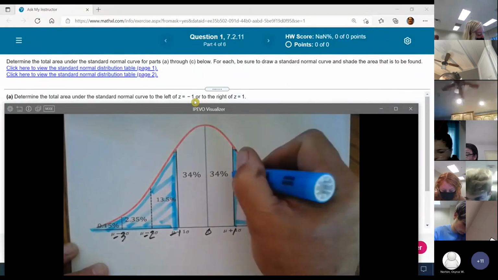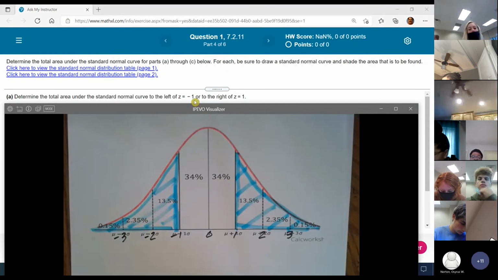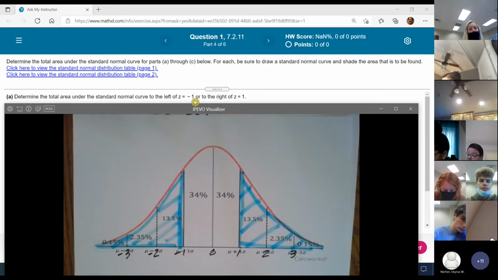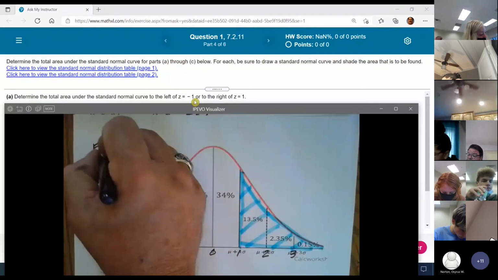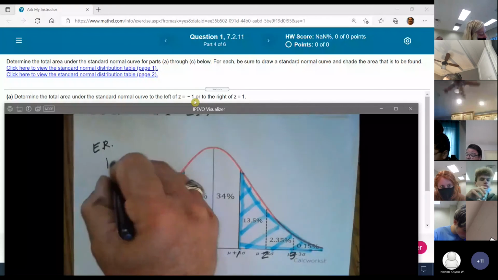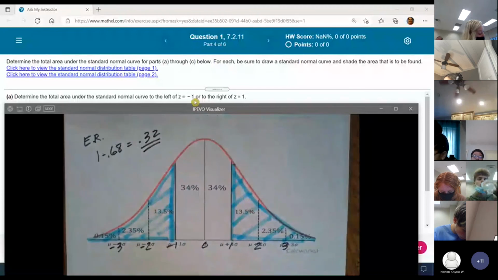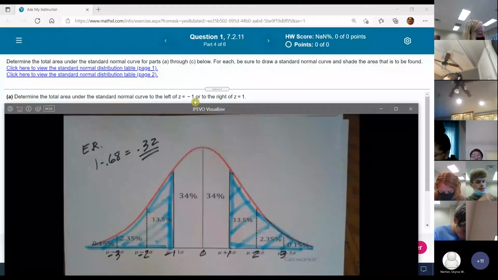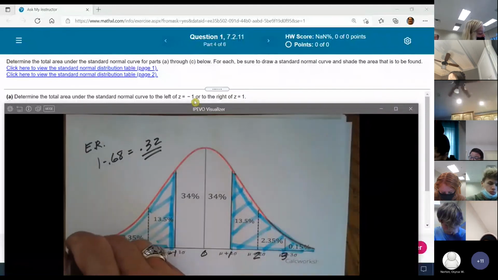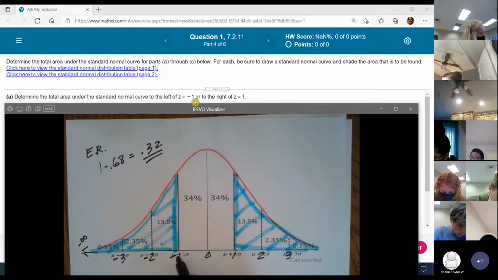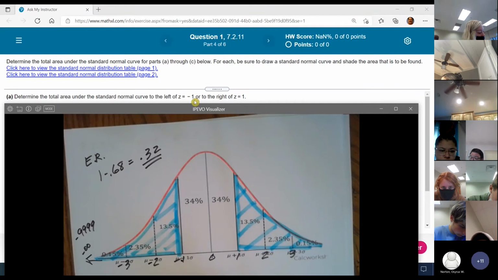The empirical rule says this is 1 minus 68%, which is equal to 0.32. So that's what the empirical rule says. We just have to find the area from negative infinity to -1, or from -9999 to -1, and multiply by 2.